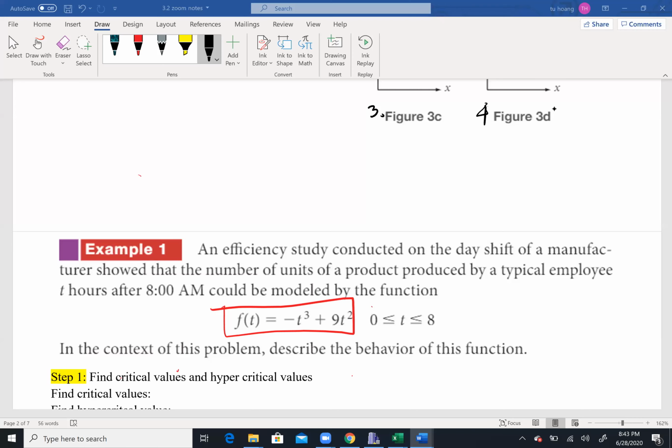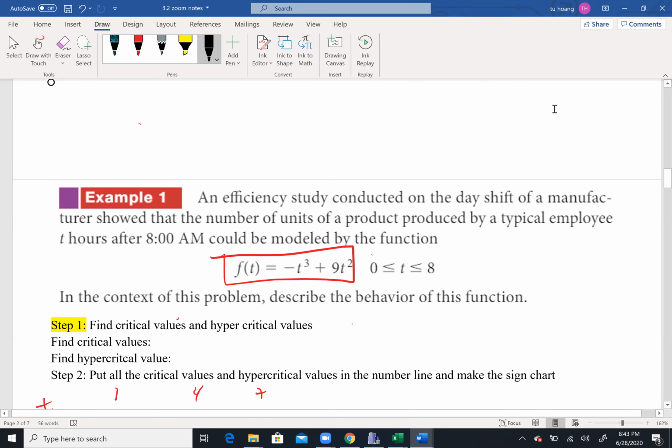So let's do an example. Example 1 here. An efficiency study conducted on the day shift of a manufacturer showed that the number of units of a product produced by a typical employee t hours after 8 a.m. could be modeled by the function f(t) equals negative t cubed plus 9t squared, where t has to be from 0 to 8.